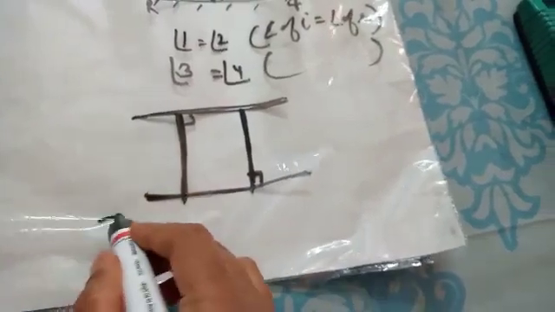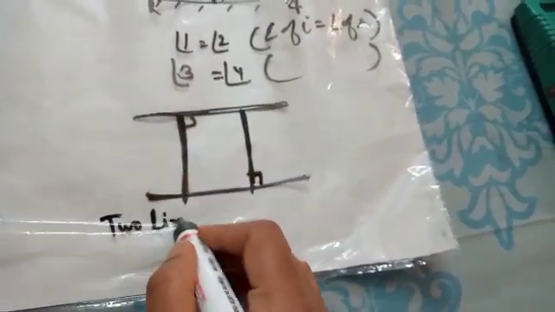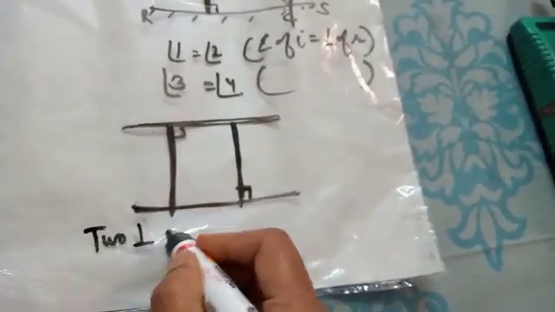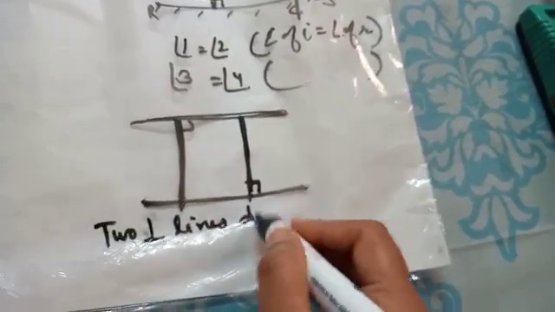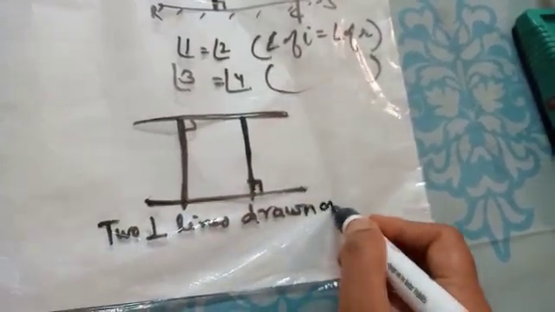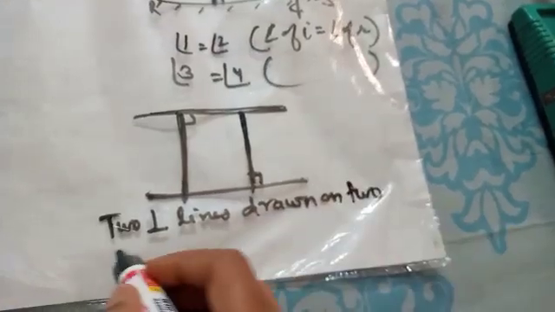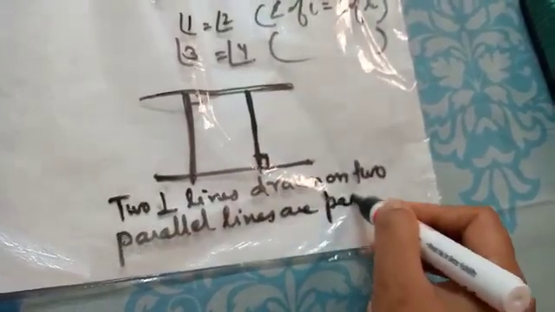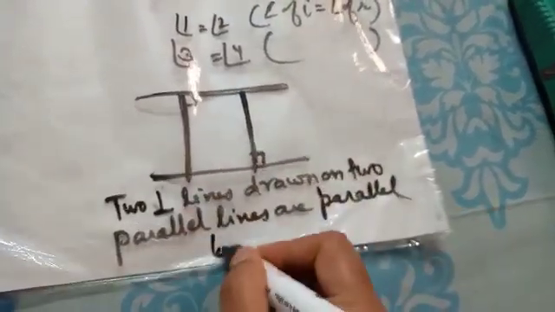So I am using a property here which says that two perpendicular lines drawn on two parallel lines are parallel to each other.